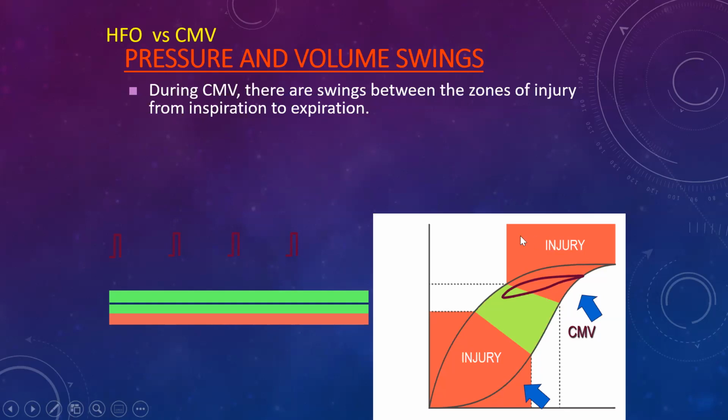If you are ventilating in this zone, either with high pressures, not able to achieve much volume, or low pressures where the lungs are getting de-recruited, both these areas are dangerous and can cause injury to the lungs. So during CMV, in both the inspiration and expiration phases, the lung is exposed to injury.